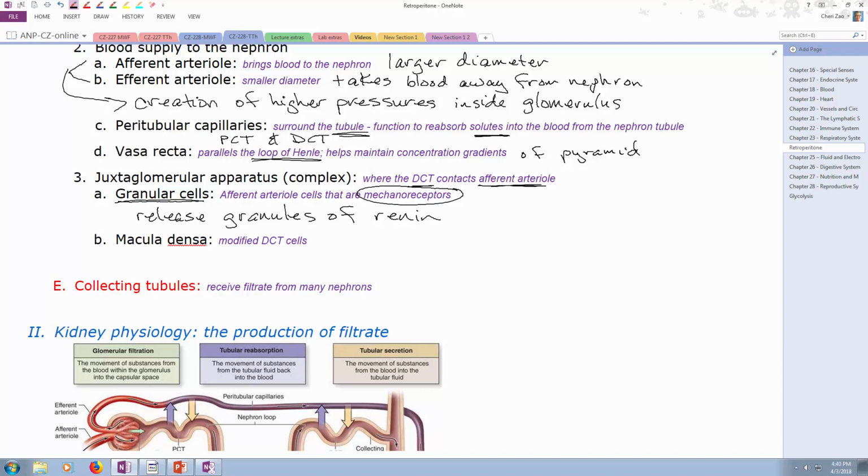The macula densa cells are going to be part of the distal convoluted tubule, and the only way I can try to give you a clue to remember macula densa, which one is it associated with? DCT, distal convoluted tubule, and these guys are chemoreceptors.